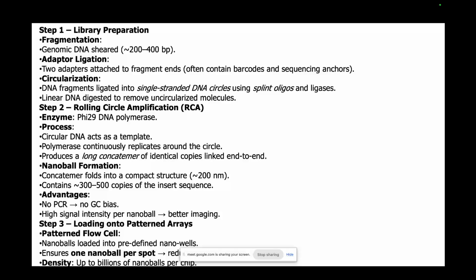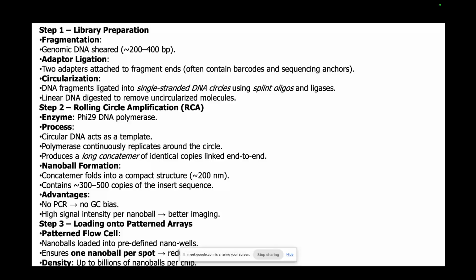It's a similar kind of technique here, where you have a single circularized DNA, and then you use this particular type of polymerase to make it double stranded. And it produces a long concatemer of identical copies linked end to end. So that is how you're amplifying the DNA.